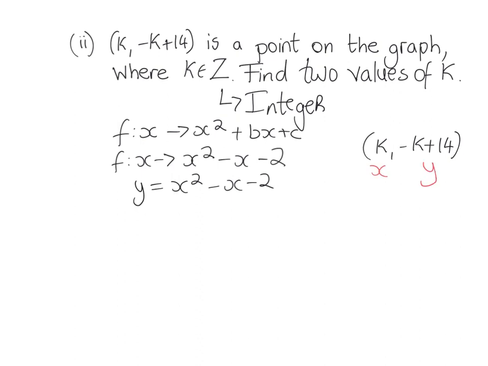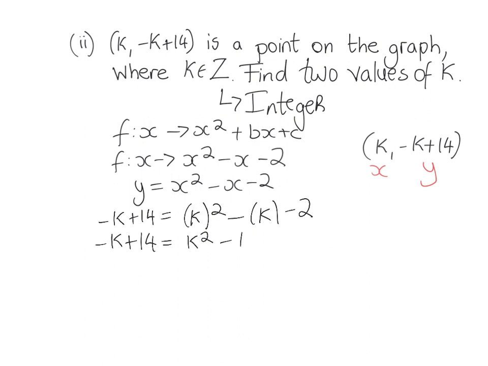So here we get that y, so we get minus k plus 14 is equal to k squared minus k minus 2. So this stays here as minus k plus 14, and k squared is just k squared minus k minus 2. And I'm going to bring everything over to the one side, so I'm going to add k and take 14 over here.